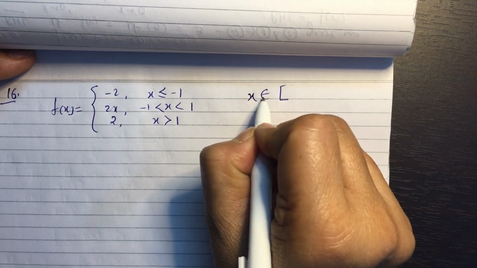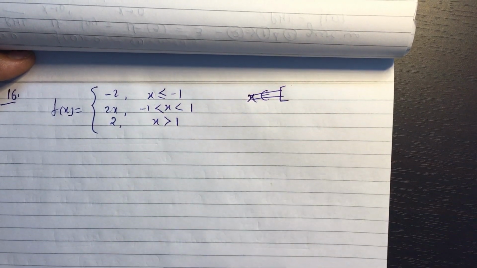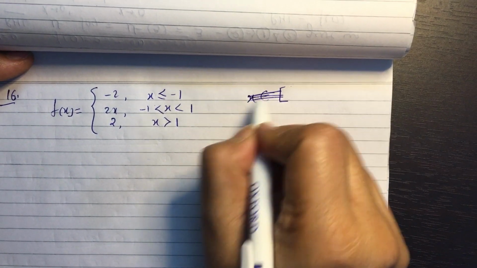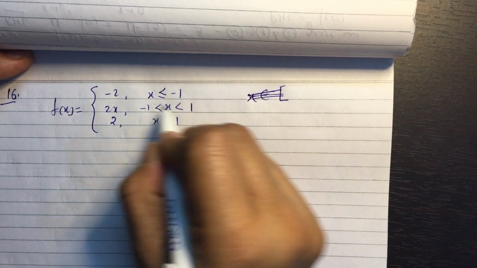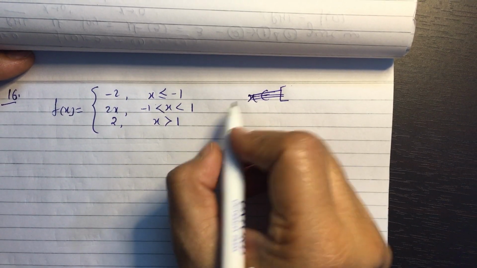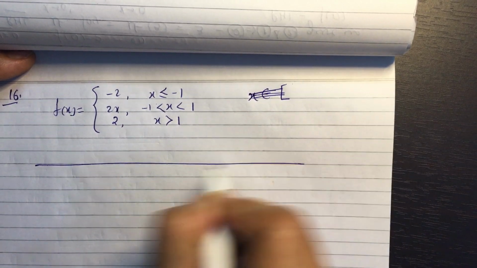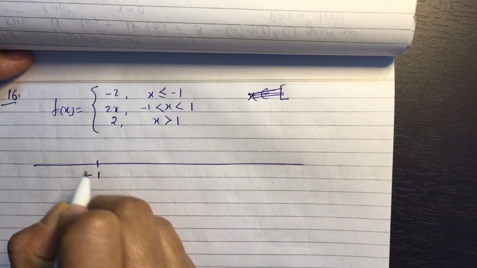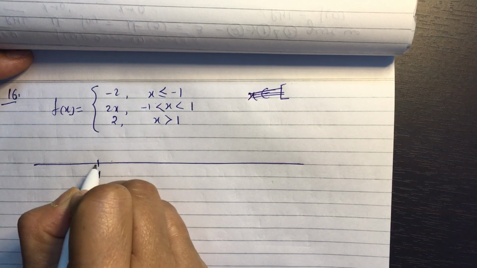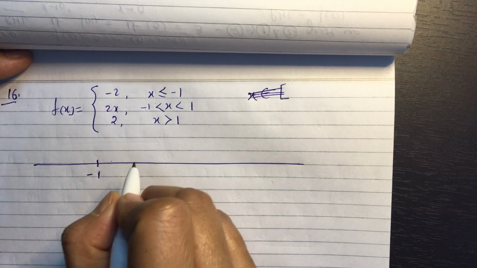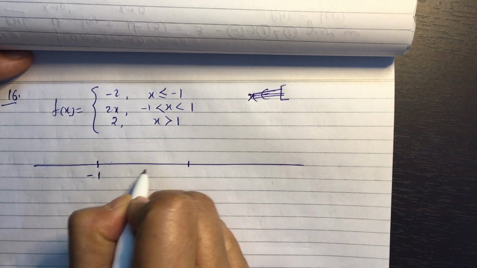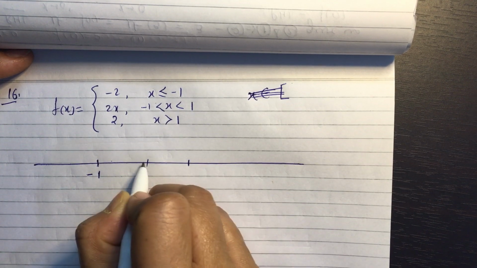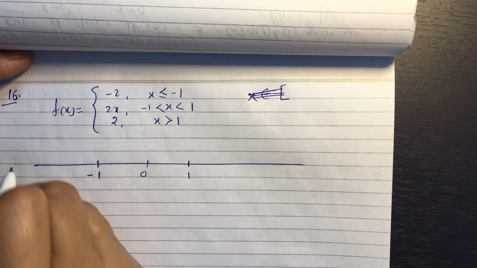So it is basically defined for all real numbers, but with the condition that there is a different value on the left and right of x equal to -1 and different value on the right and left of 1.